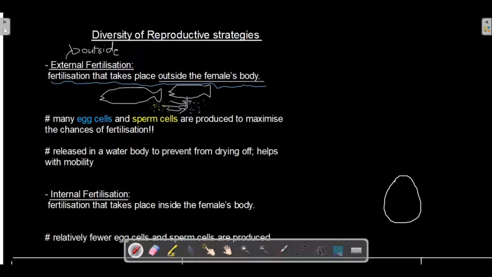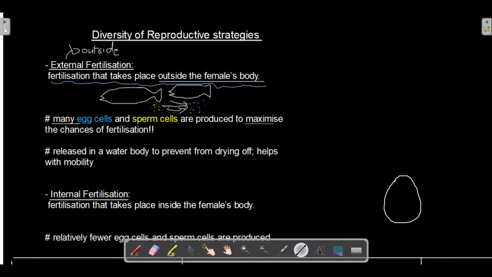So these two organisms, they are trying to ensure that there's a next generation that's going to survive. And so the way that they do that is that they produce many gametes. Okay, so the male will produce many sperm cells, the female will produce many egg cells. Okay, it's going to be many of them relatively to what we know of.